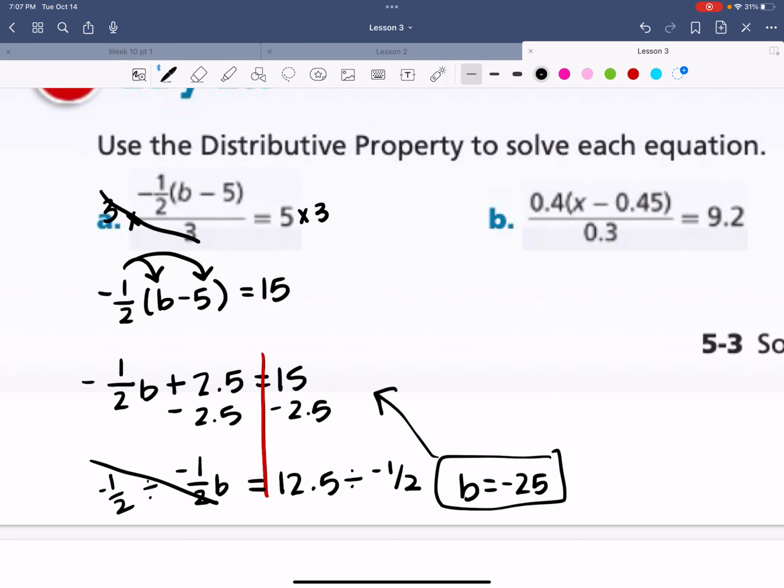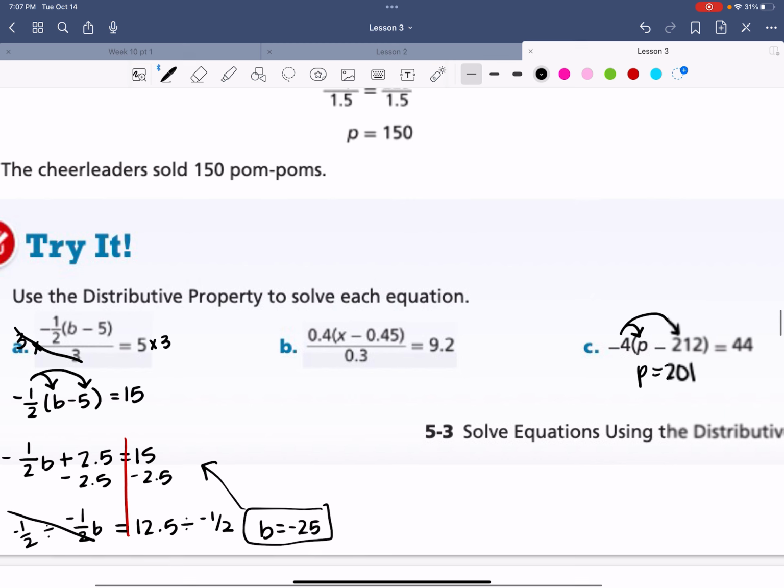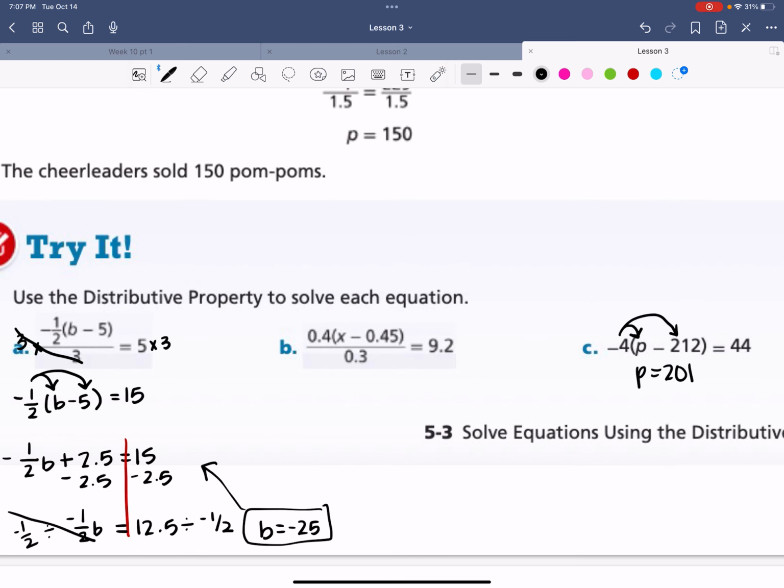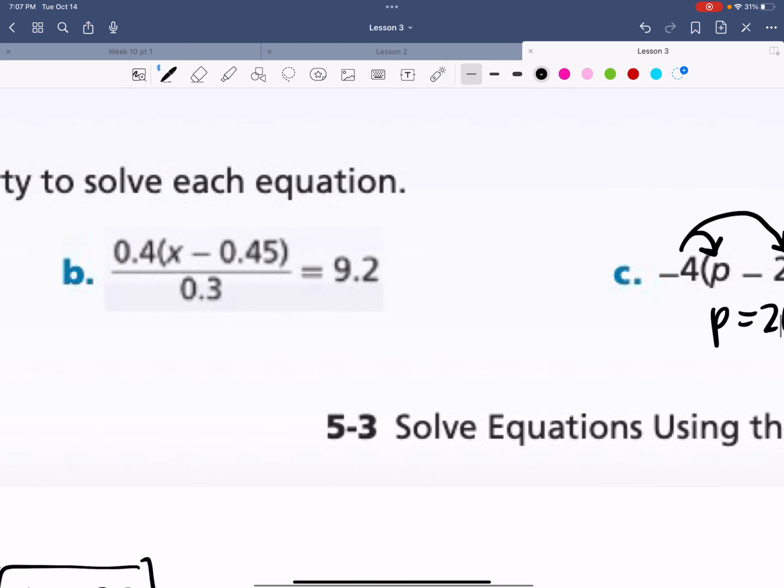All right, let's do one more together. So I have this same problem over here. Before I can really distribute or get into that numerator, I have to get rid of that denominator. Remember, a fraction is the same as division. So I can multiply this by 3/10, and that will cancel that out.